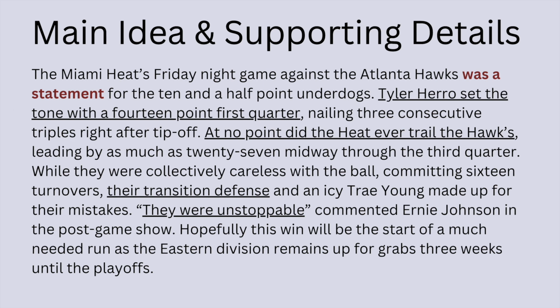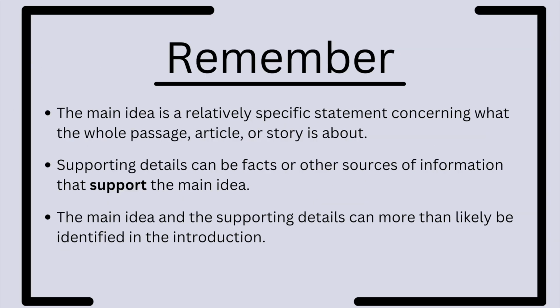That's supporting details. So a few things I want you to remember. The main idea is a relatively specific statement concerning what the whole passage, article, or story is about. When I say relatively specific, try to think back to how I described the main idea for Star Wars. I said that Star Wars: A New Hope is a story about Luke who has to save Princess Leia and defeat the Empire by destroying the Death Star.